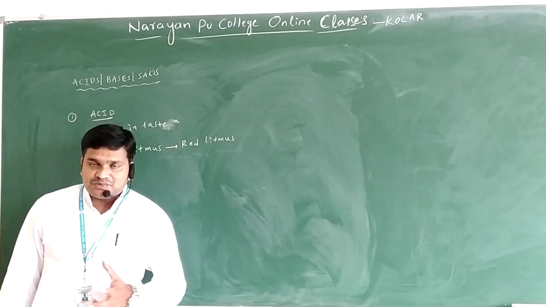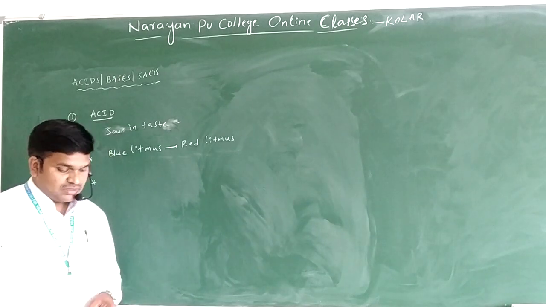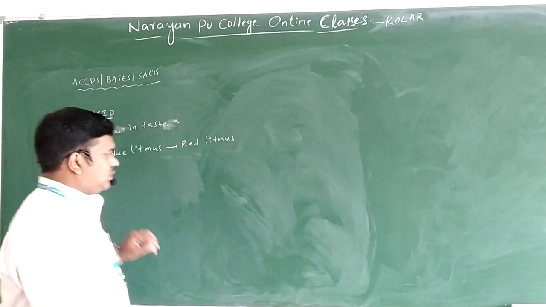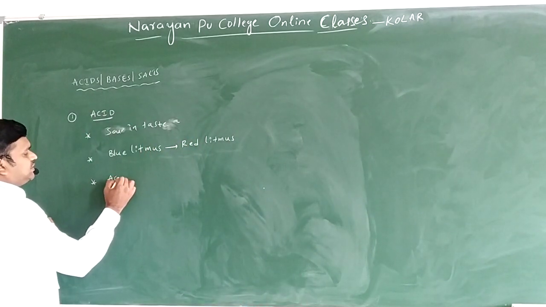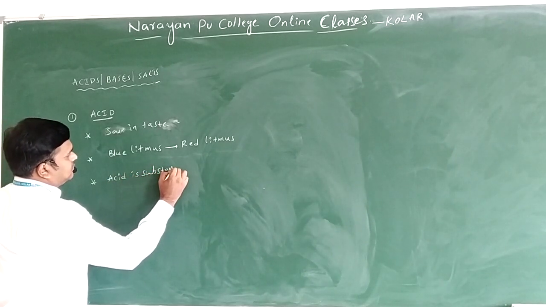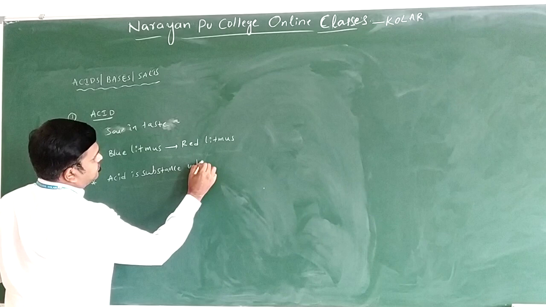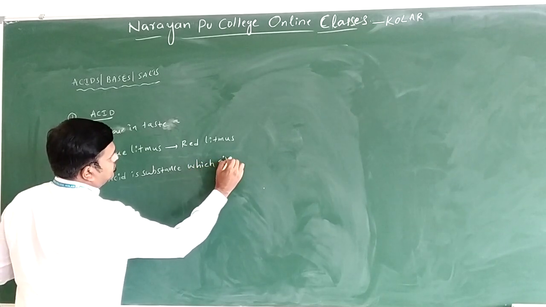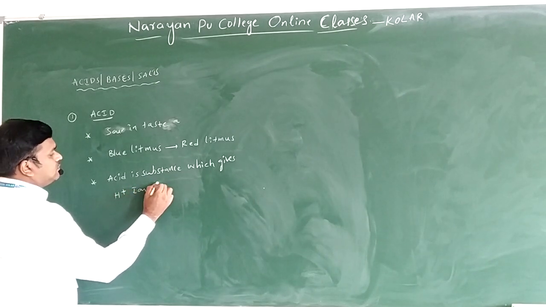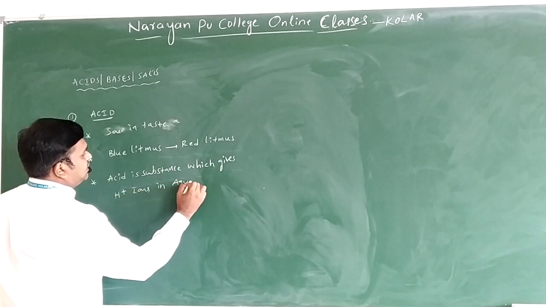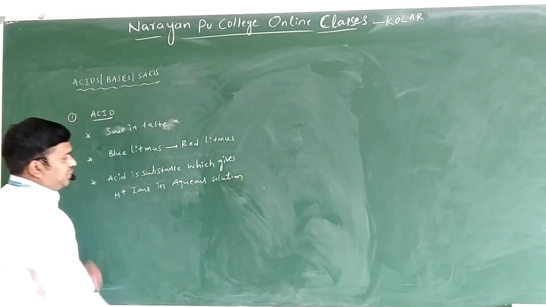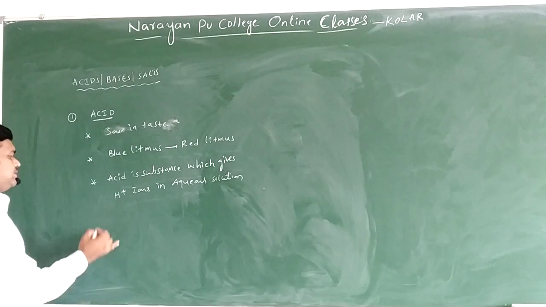The substance which gives H plus ions in aqueous solution is called an acid. Acid is a substance which gives H plus ions in aqueous solution, that is called an acid.